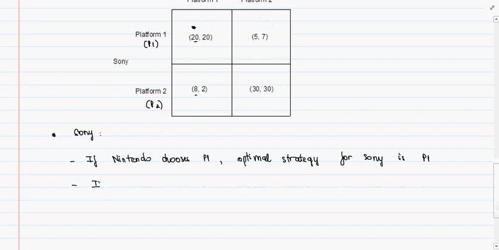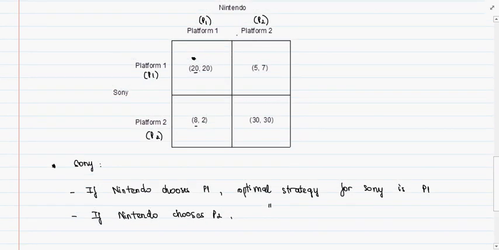Now if Nintendo is choosing platform 2, what is the optimal strategy for Sony? We are looking at the second column of the table, and Sony by choosing platform 1 gets 5, choosing platform 2 gets 30. Now 30 is definitely better than 5, so the optimal strategy for Sony is to go with platform 2.